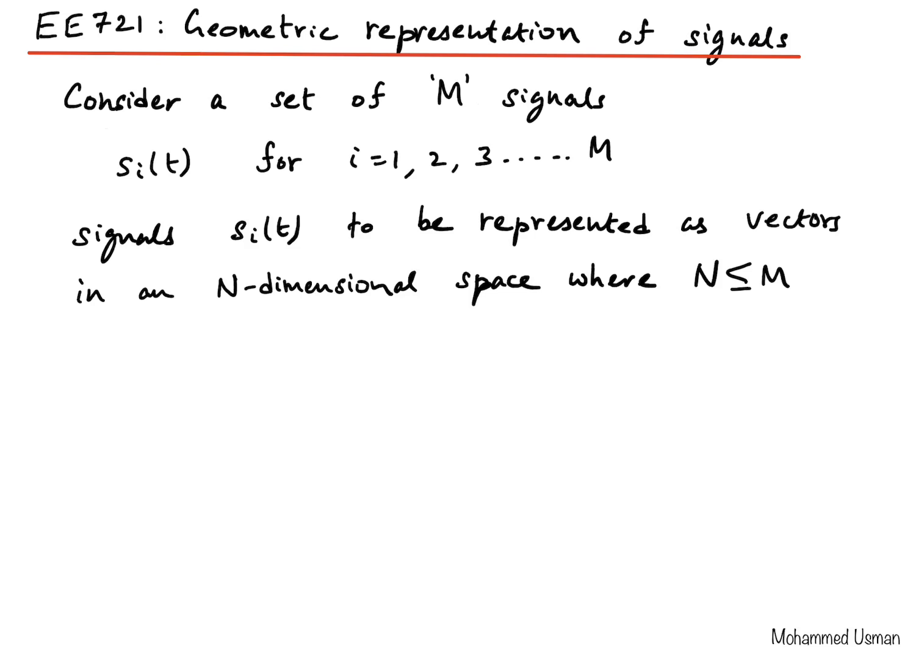So the number of dimensions in that space is going to be at most the number of signals, m. It can be less than m, but not more than m. So we are going to represent this set of signals in the n-dimensional space as vectors.